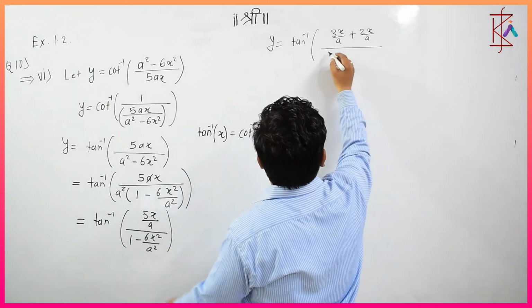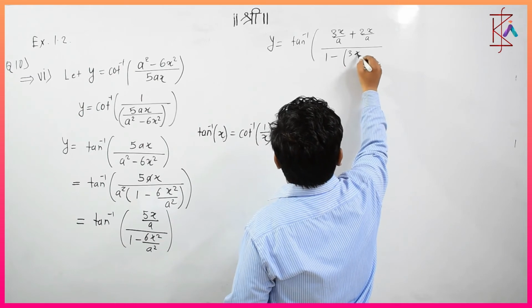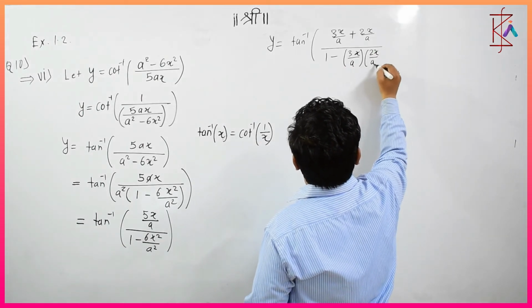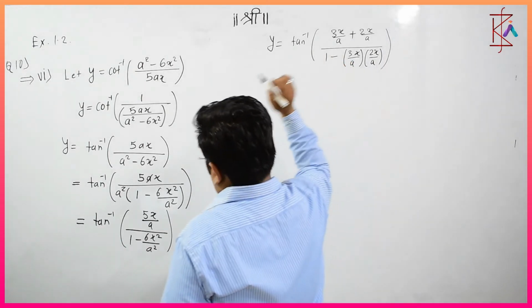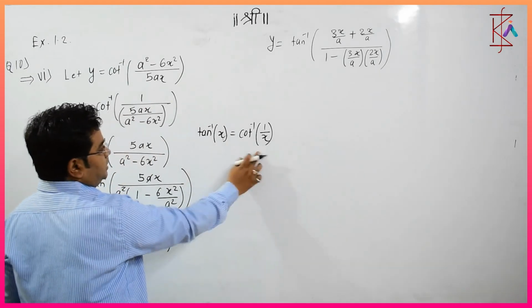What is this quantity? 1 minus 3x upon a into 2x upon a. Now our equation is ready. Now what we need to do, so I would like to erase this one.